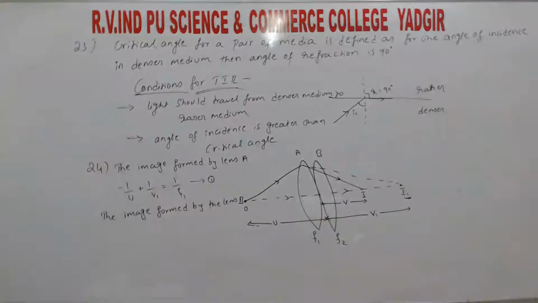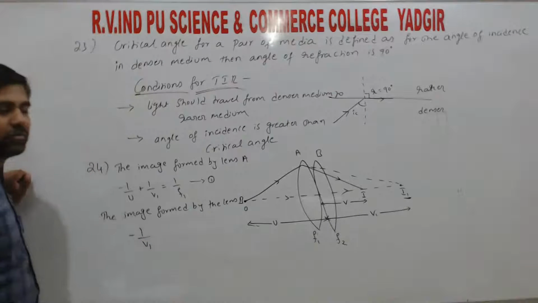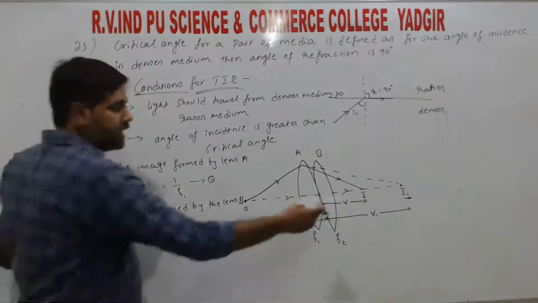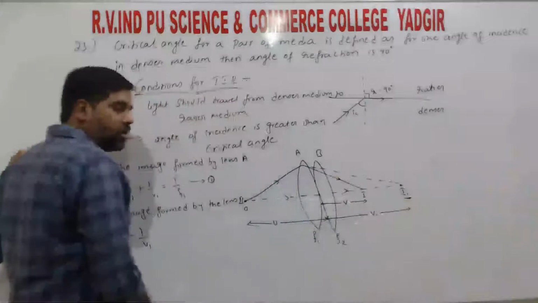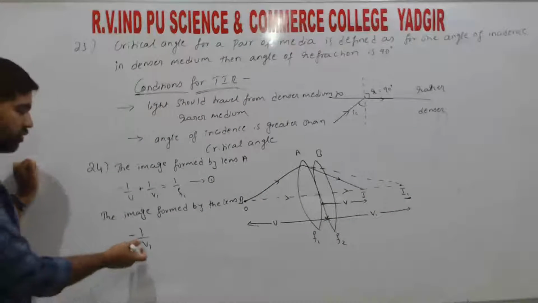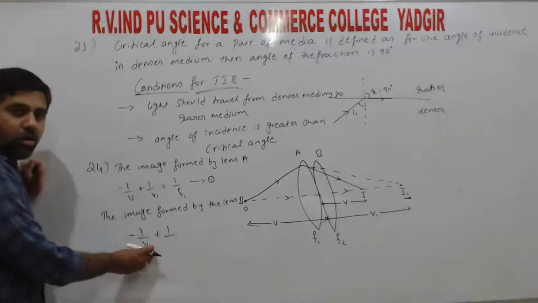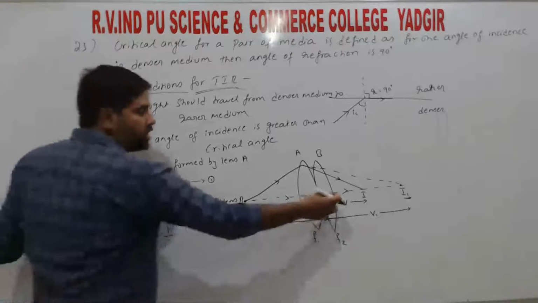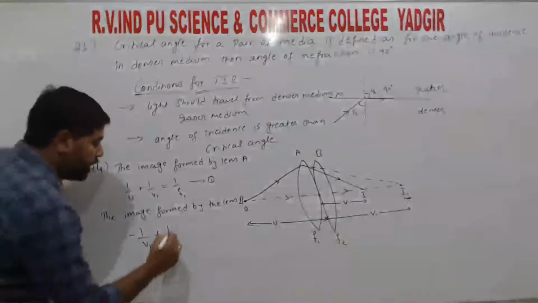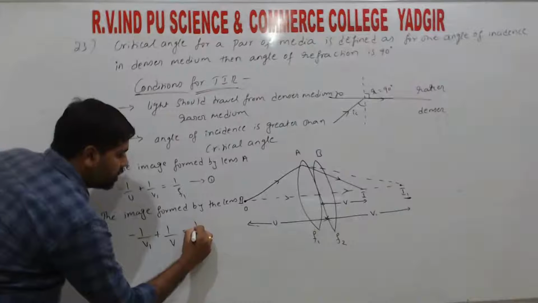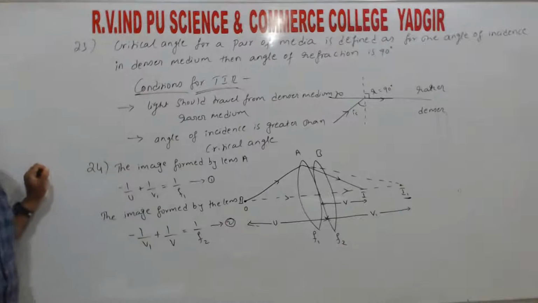So that is the virtual object, so that is minus 1 by v1. The incident ray comes from this side, and since we measure in the opposite direction, that is v1. So plus, the image distance is v, which is in the direction of the incident ray, so 1 by v. So 1 by v equals 1 by f2. Calling this the second equation.